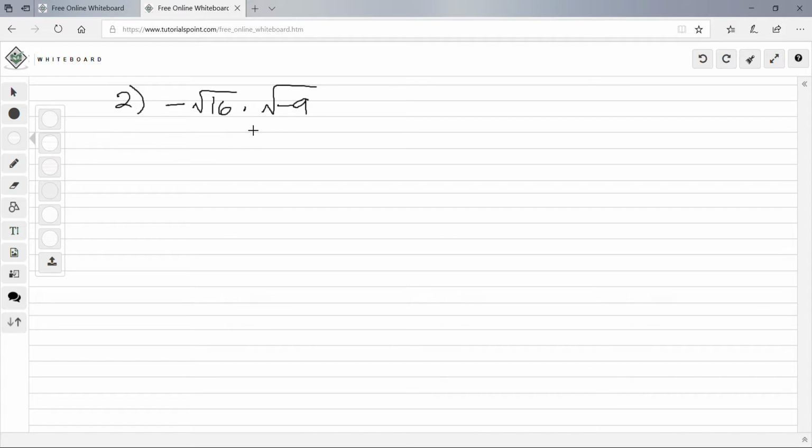The square root of 16 is 4, times a negative, so it's negative 4. And the square root of 9 is 3 times i, so that's 3i.